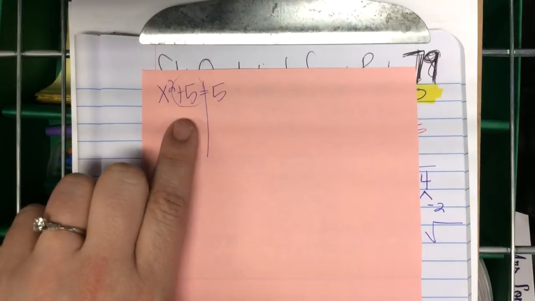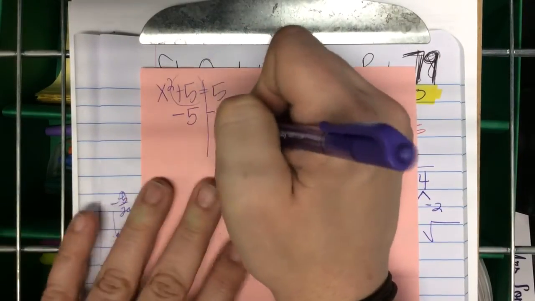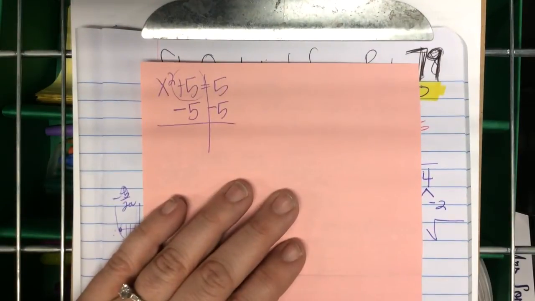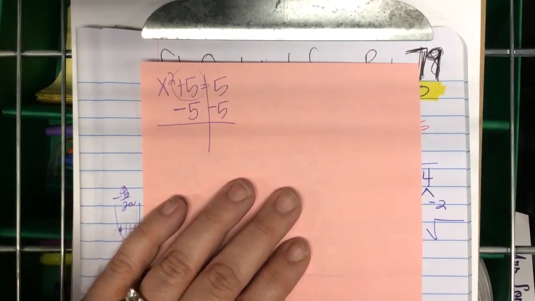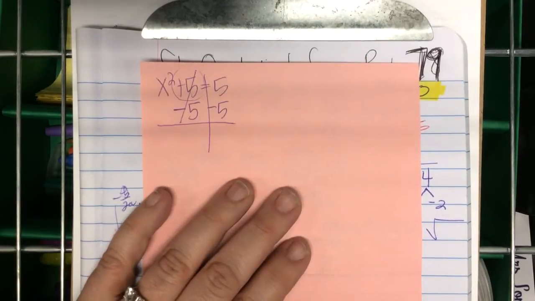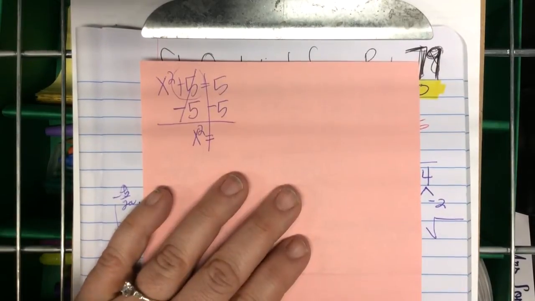Plus 5. How do you move a plus 5? Now, you guys, this is different. Every other problem we've dealt with so far has asked it to have the problem equal 0. Square rooting does not make you do that. Square rooting is different.